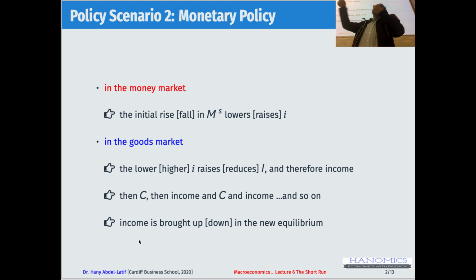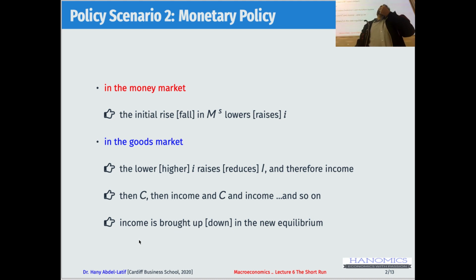But how does the goods market adjust to this change? Obviously, we know what would happen when we have a lower interest rate. The adjustment happens in the goods market through the effect of the interest rate on investment. Remember how the interest rate is linked to the goods market mainly through its effect on investment.